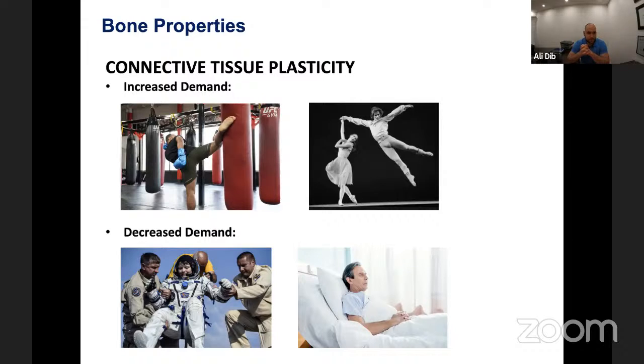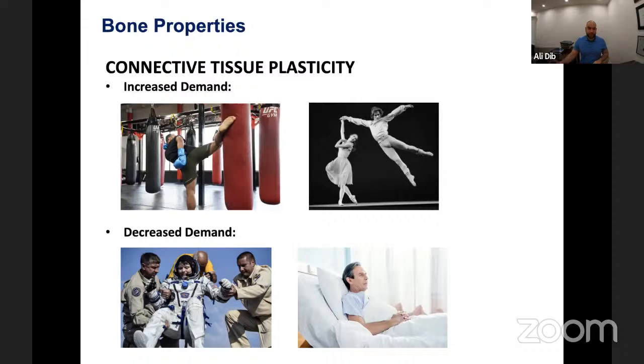Ballet dancers, they have feet of steel. They spend a lot of time supporting their body weight on their toes. The same thing happens there, right? So increased demand is being put particularly in their feet. And so over time, we find that their feet and their toes become more dense, the bone becomes more solid, less likely to break. And all this demand puts a stress on the bone to cause remodeling. And we're going to talk about how that happens at the cellular level.